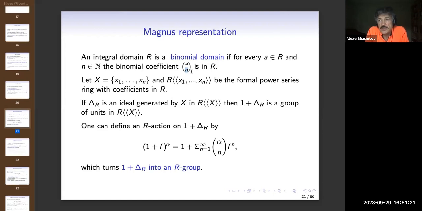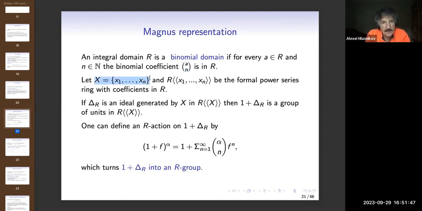So in other words, you need that the elements in the ring are divisible by some natural numbers. You can embed an arbitrary integral domain into a binomial domain, just inverting, say, all elements in Z. You don't need all of them, but anyway, it's the same thing, really.